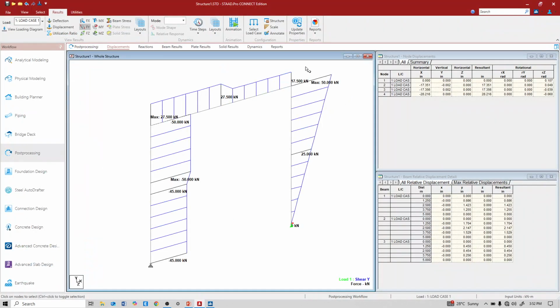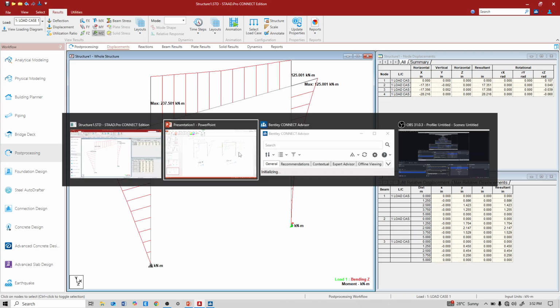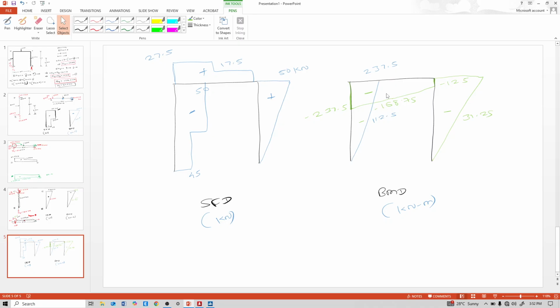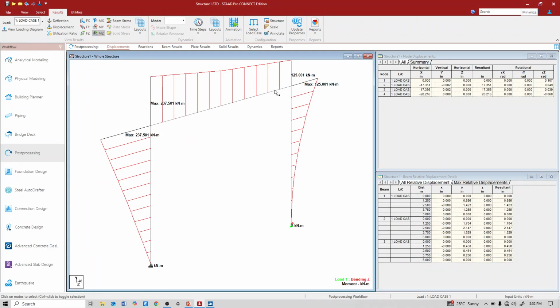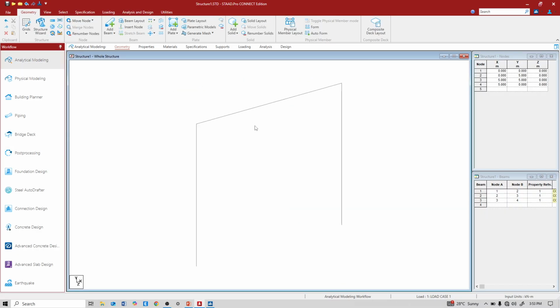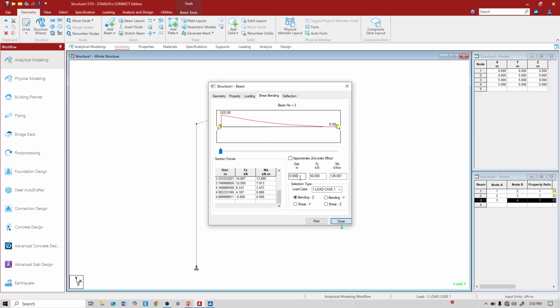So see, this all bending moment diagram in software is seen on the outward side. See, what magnitude is similar. See, 237.5. See 237.5 here. Here also 237.5. Here 125. Here 125. And here at a distance of 1.5 meter it is 37.5. At a distance of 2.5, see 37.25.